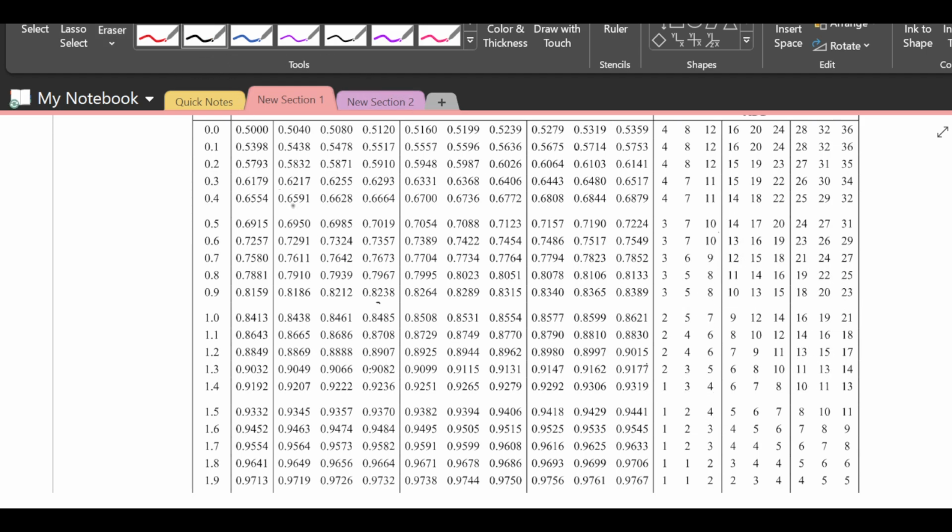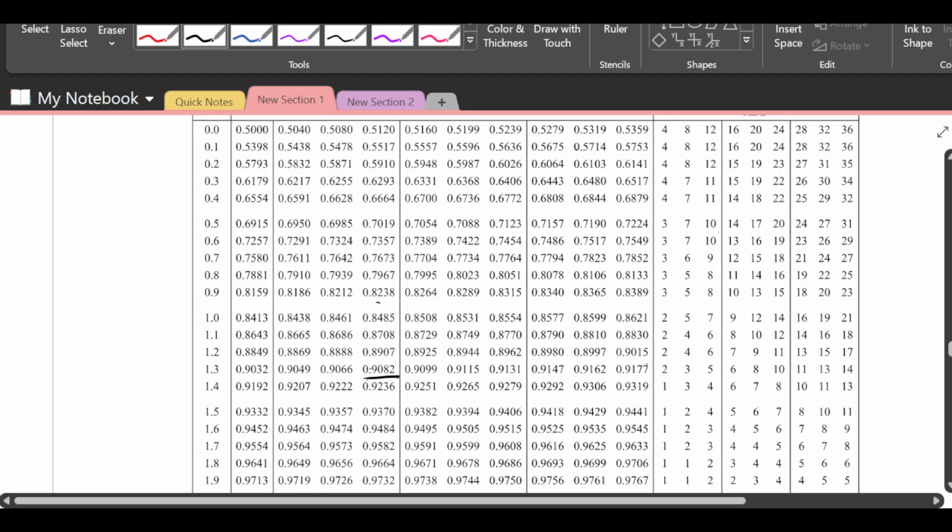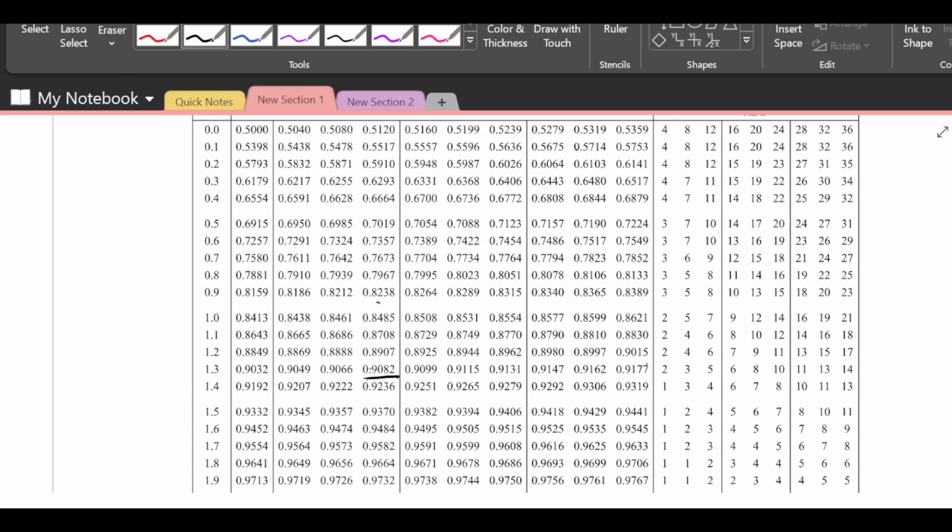Now 0.908. 0.909, 0.908. So 0.908 is somewhere here. So we can consider 1.33 or 1.329 as well.